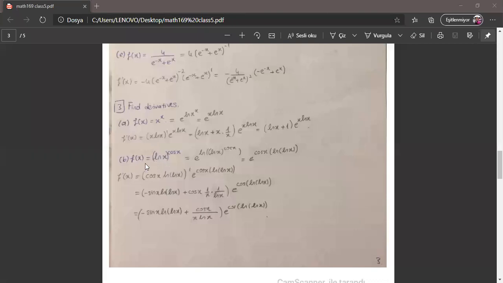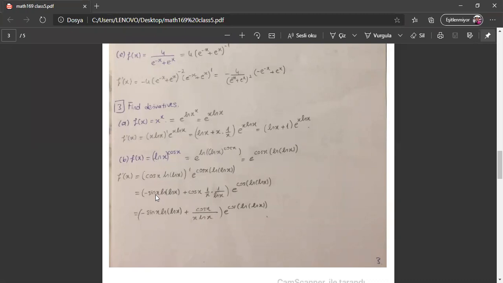Now we have this question: f of x equals ln of x to the cosine of x. We apply the same property, okay? We use the same. So we have this now, and it can be written in this form. Now you know how to differentiate it. So this one's the power's derivative times itself. You have a product here.